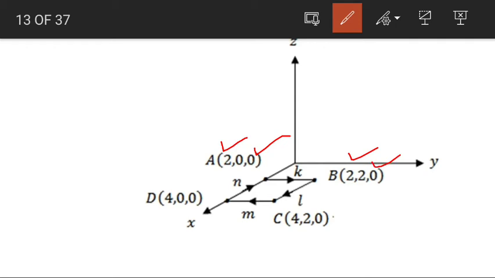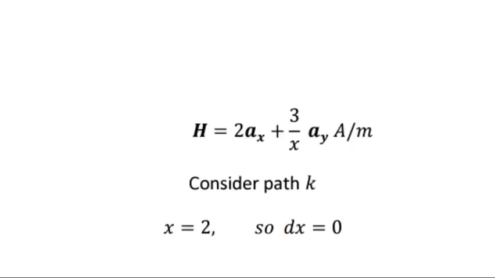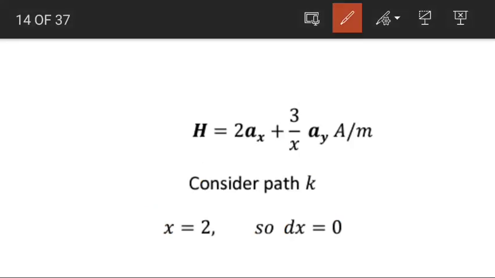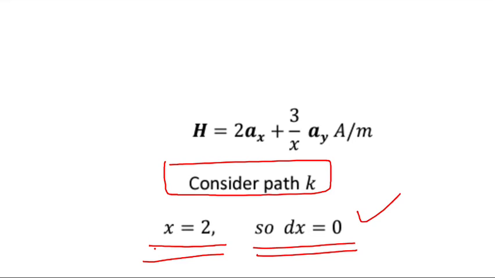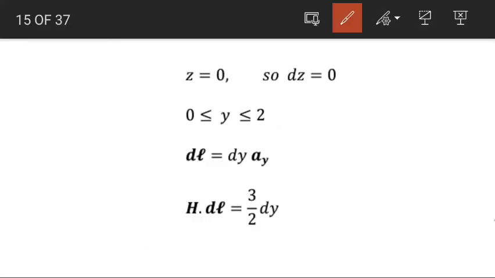Definitely dz will be equal to 0, and only y is changing from 0 to 2. So x along this straight segment is 2, so dx will be equal to 0. Then z along this path K is 0, so dz will be equal to 0, and only y is changing from 0 to 2.